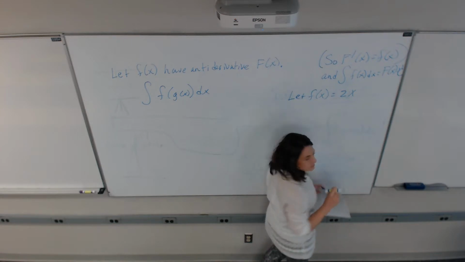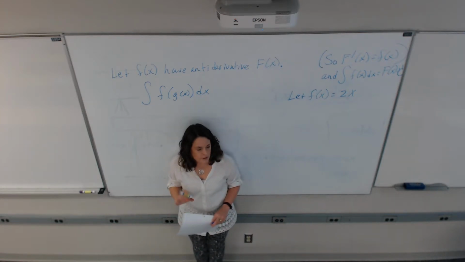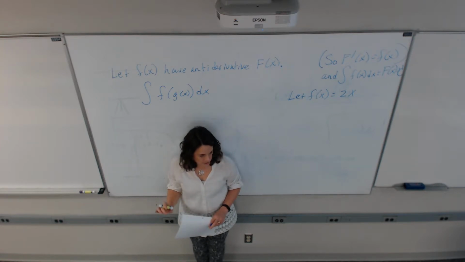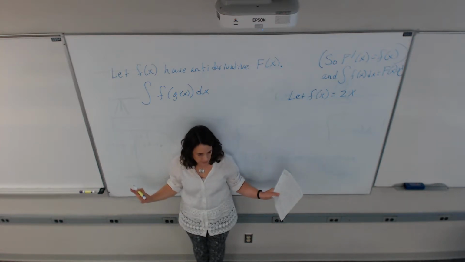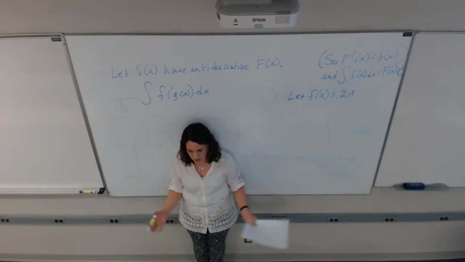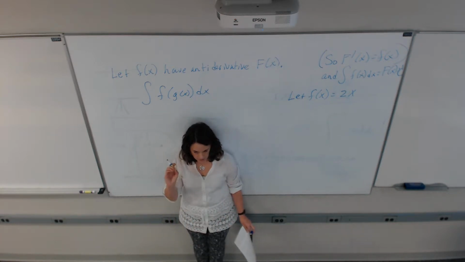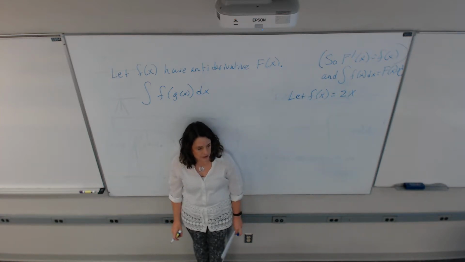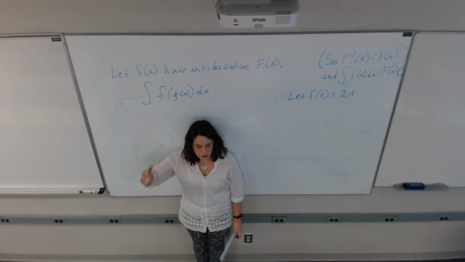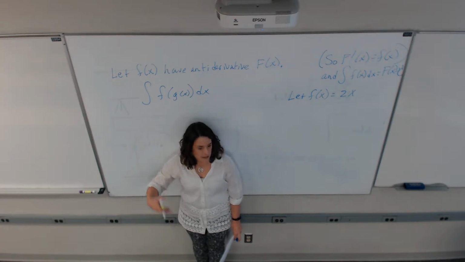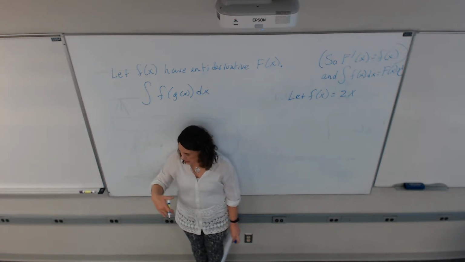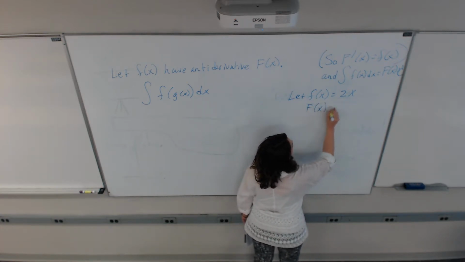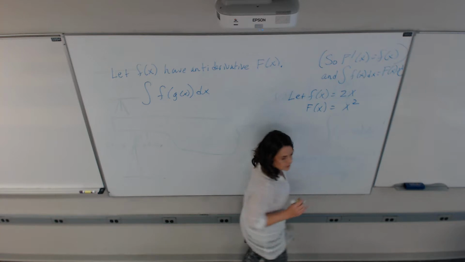Very simple. Find me an antiderivative for 2x. Any antiderivative, I suggest you pick the easy one where the constant is 0. Integrate that. Antiderivative, what is it? X squared, right? You divide by 2 and multiply by 2, but the 2's cancel, so you just get x squared. So if that's the case, then capital F of x is x squared.